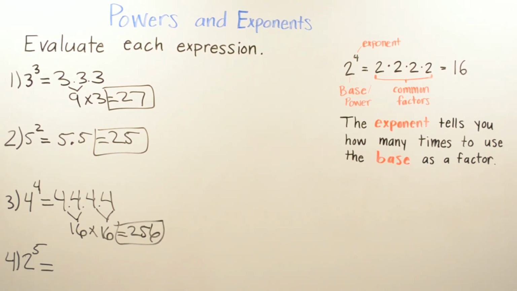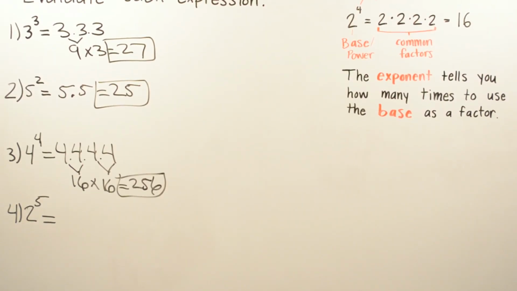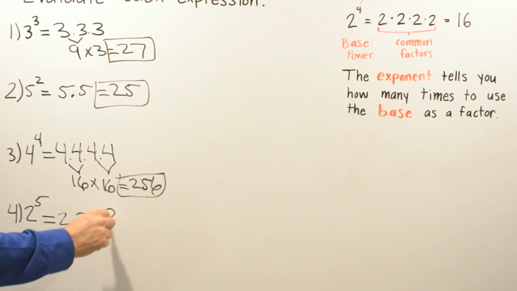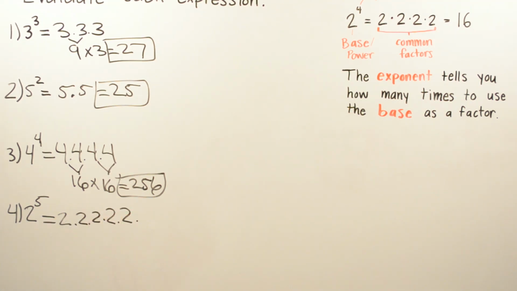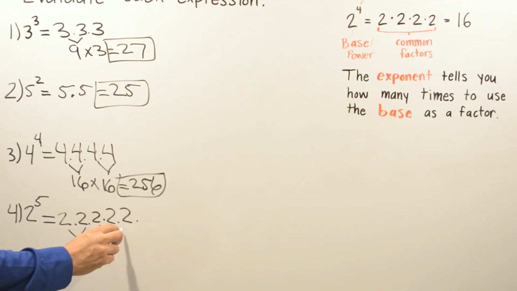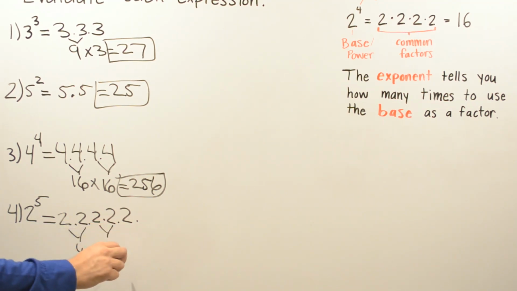Okay. For the last one, we have 2 to the 5th power. So we have 2 times 2 times 2 times 2 times 2. So what it's saying is we're going to multiply 2 times 2 5 times. Okay. Same thing. I'm going to group them the same way. So I say 2 times 2 is 4, I group these 2, is 4, and then I still have 1 left.